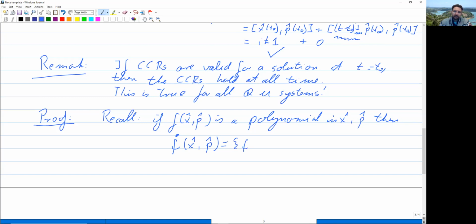It is the Poisson bracket of f with h plus df by dt.